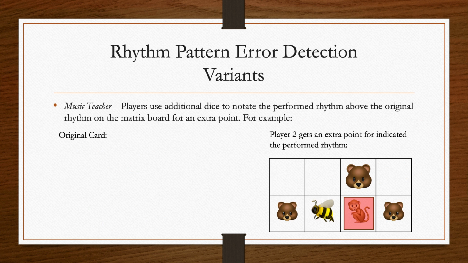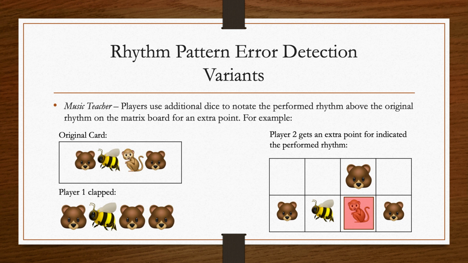For those wishing to extend their skills further with some gameplay variants, one very powerful one for this error detection game is the music teacher variant, where players would use additional dice to notate the performed rhythm above the original rhythm on the matrix board for an extra point.